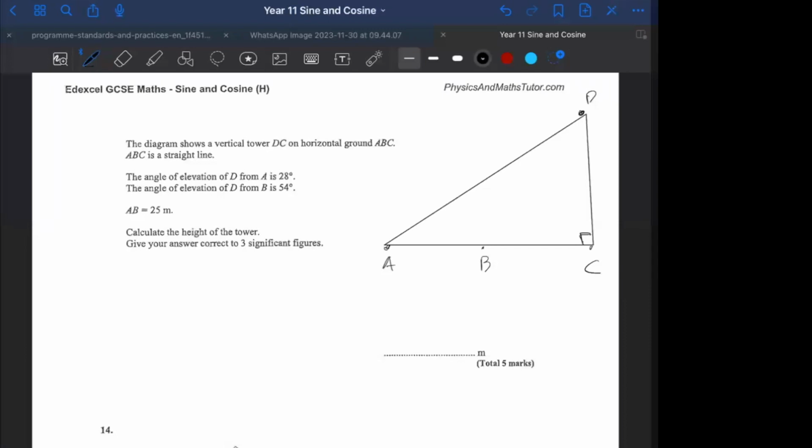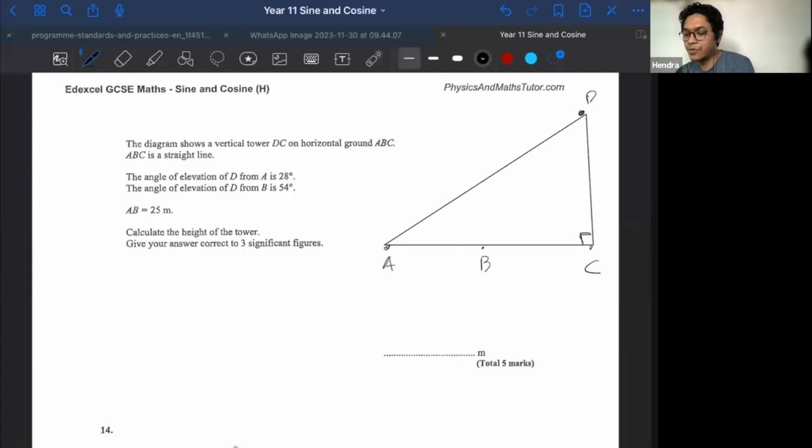The angle of elevation of D from A is 28. This is 28, right? The angle of elevation of D from B is 54. This is 54. AB is 25.